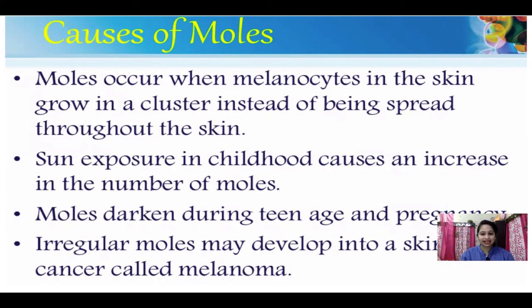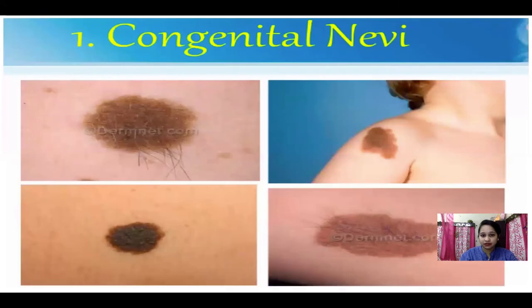Other reasons like sun exposure in childhood can increase the number of moles. Moles darken during teenage years due to hormonal changes and pregnancy too. Irregular moles may develop into skin cancer, that is melanoma. I'll go for that. Okay. So the congenital nevus is usually a smooth one, and usually does not do harm, like symptoms of itching, any kind of rashes or secretions are not found here.